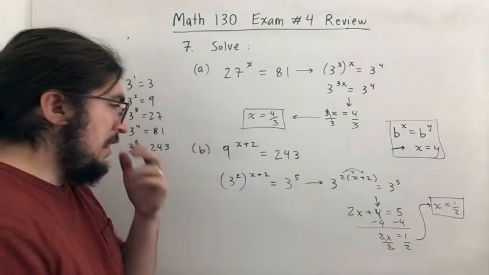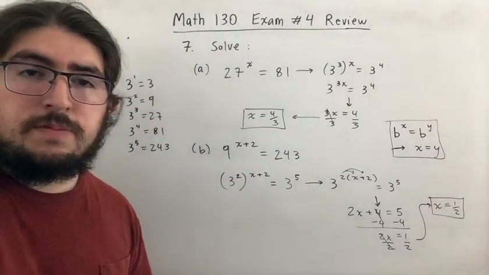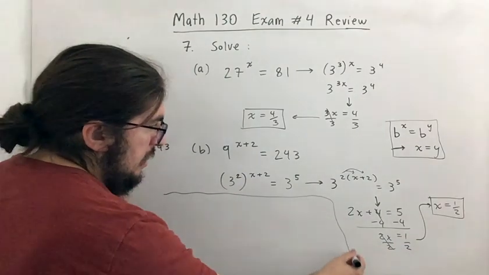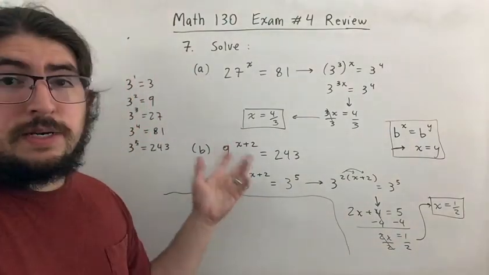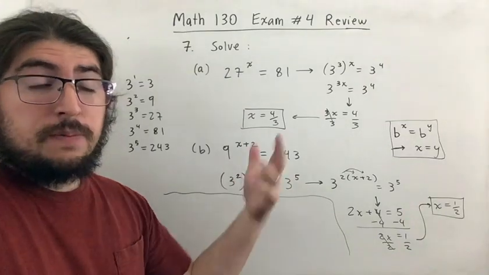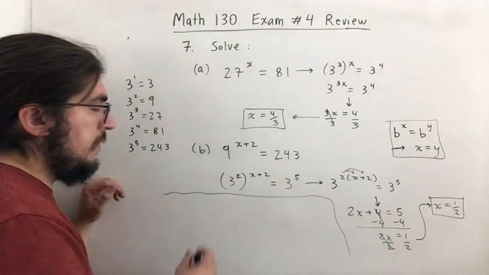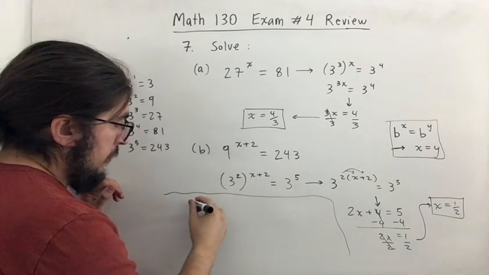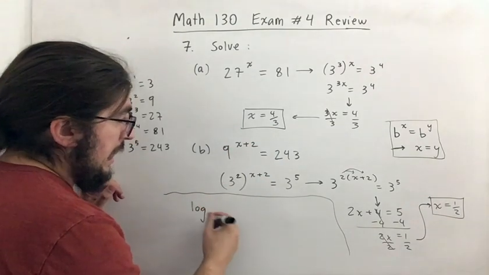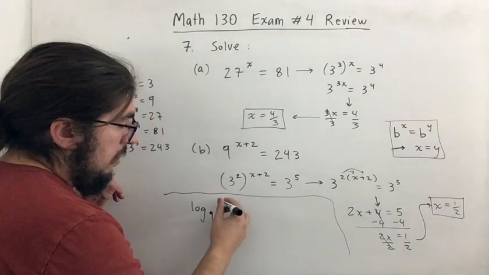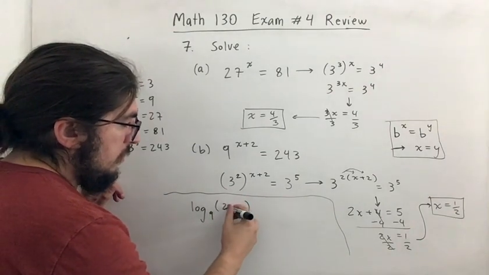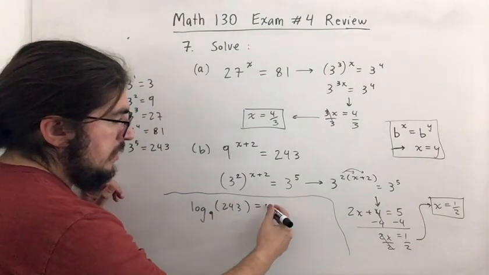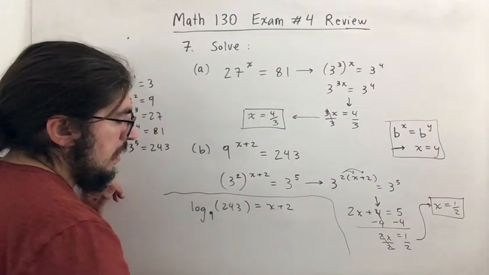Now, like I said, there is another way of solving that involves logarithms. I'm just going to casually mention here, and we'll see a lot of this in the coming problems in this review, that if we convert this exponential form to logarithmic form, it's log base, so the base is 9, of the result, which is 243, equals the power, remember logarithms solve for powers, x plus 2.